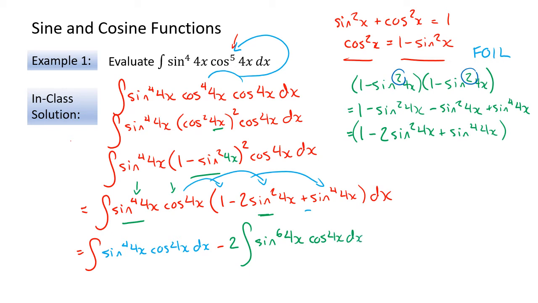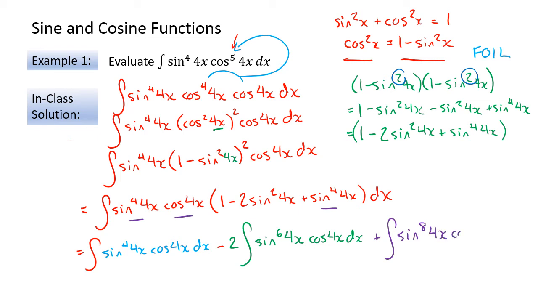And our last term, sine to the exponent 4 of 4x times sine to the exponent 4 of 4x. So plus the integral of sine to the exponent 8 of 4x, and then we have the cosine term, cosine of 4x dx.